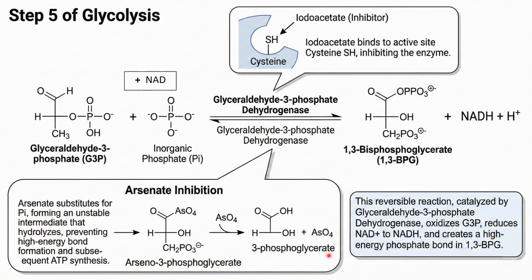Here you have to remember the difference between 3-phosphoglycerate and 1,3-bisphosphoglycerate. 3-phosphoglycerate is anyhow formed from 1,3-bisphosphoglycerate, but if the 3-phosphoglycerate is formed without the formation of 1,3-bisphosphoglycerate, the next step will not happen. So the next step is even more important. What happens if 3-phosphoglycerate is formed without the formation of 1,3-bisphosphoglycerate? Let's see what happens next.